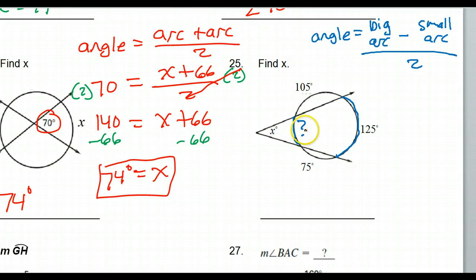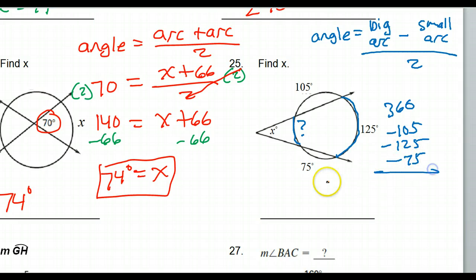So the first step is to find out what this second smaller arc is. Luckily, we have all of the arcs given to us in the circle except for this one, so I should be able to subtract all of these from 360, like by doing 360 minus 105 minus 125 minus 75. And that's going to give me the missing arc. Alright, that turns out to be 55.